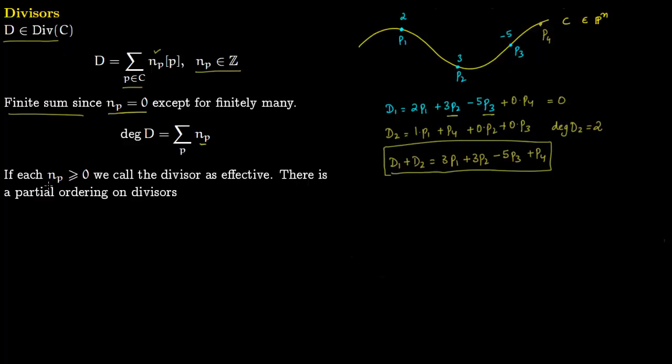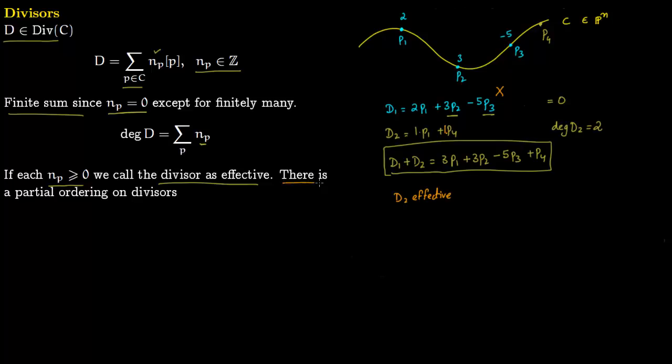If each N_P is positive, we call the divisor effective. So D1 is not an effective divisor because you have a negative sign here, but D2 is effective, precisely because you have one here and one here, and both of them are positive.